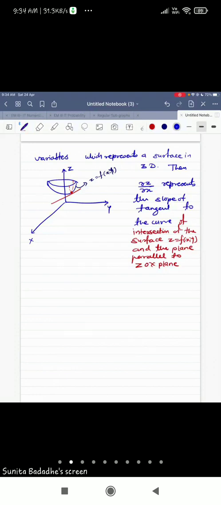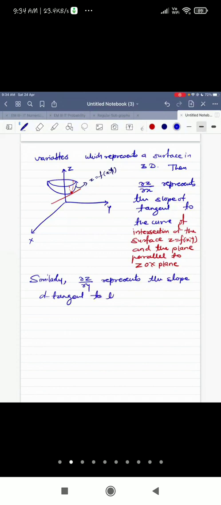So similarly, ∂z/∂y represents the slope of the tangent to the curve of intersection of the surface with the plane.